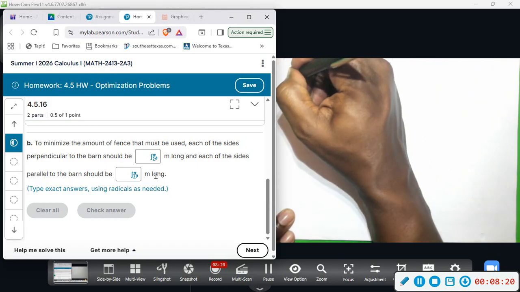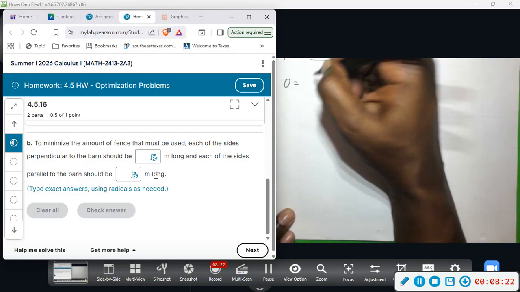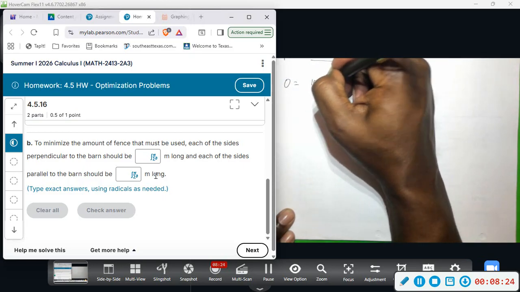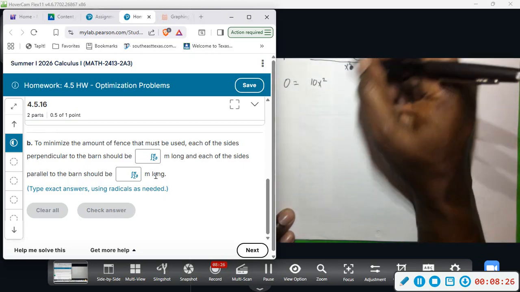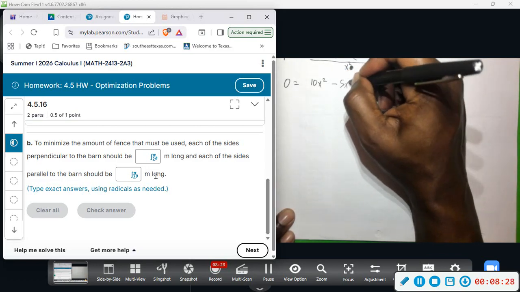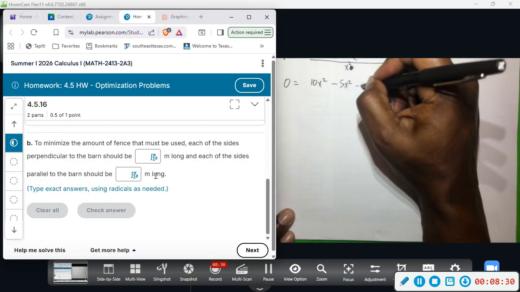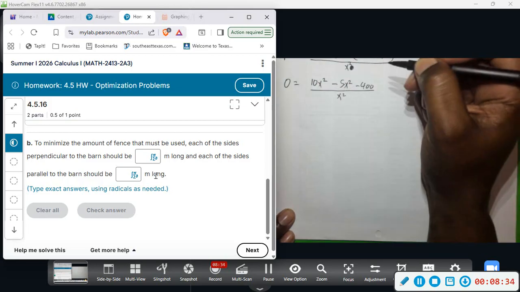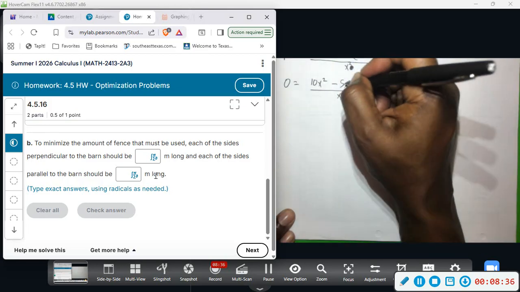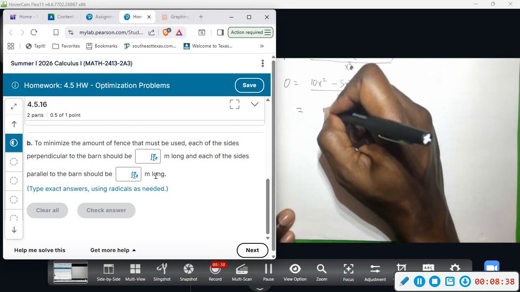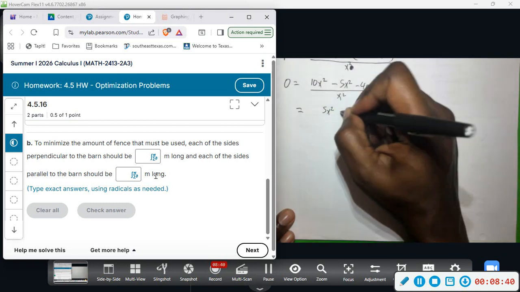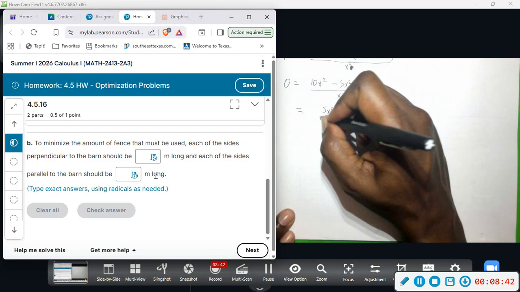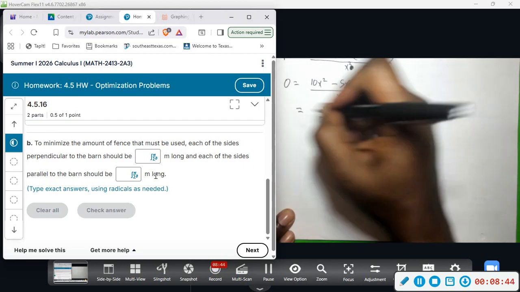All right, so setting this equal to 0 and simplifying, this will give me 10x squared, distribute the negative, minus 5x squared minus 400 all over x squared. 10 minus 5 will give us 5x squared minus 400 all over x squared, still equal to 0.